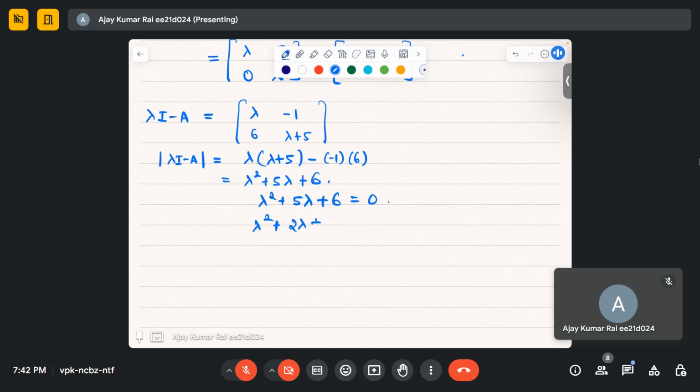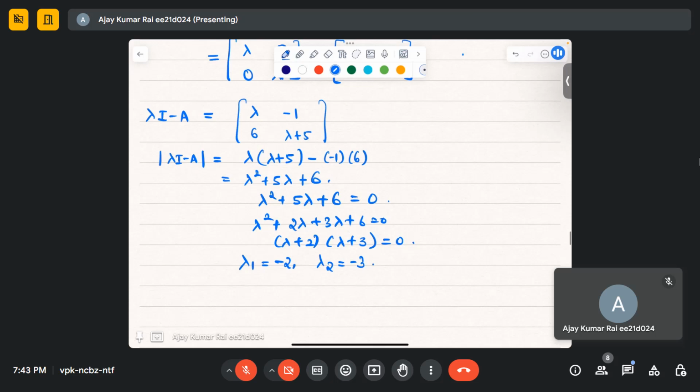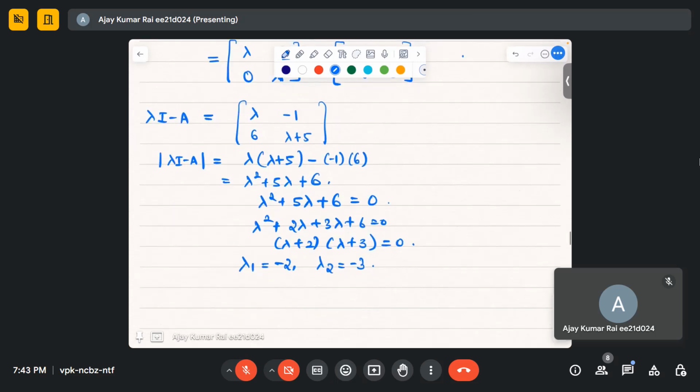You can write in this form. One of the roots is 2 and the other is 3. So one eigenvalue is equal to minus 2 and the other eigenvalue is equal to minus 3. Also, if you find the transfer function, minus 2 and minus 3 will also be the poles of the particular transfer function.